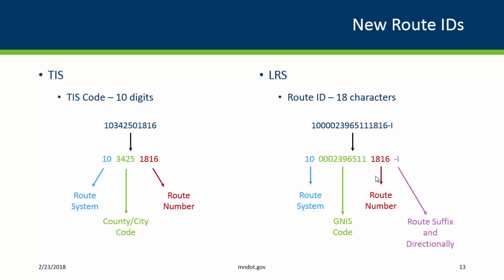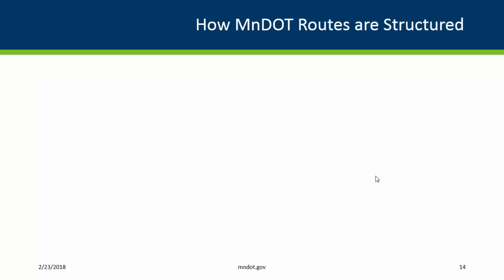So in the LRS, we care about which direction the route is, whether it's increasing or decreasing. Notice that the codes are similar, but they're different with the directionality. The way routes are digitized and calibrated is slightly different too.